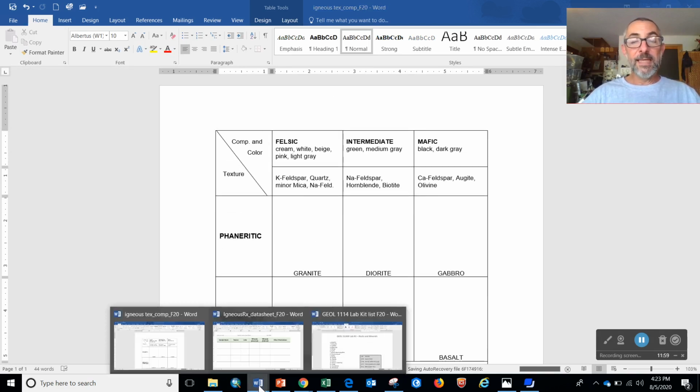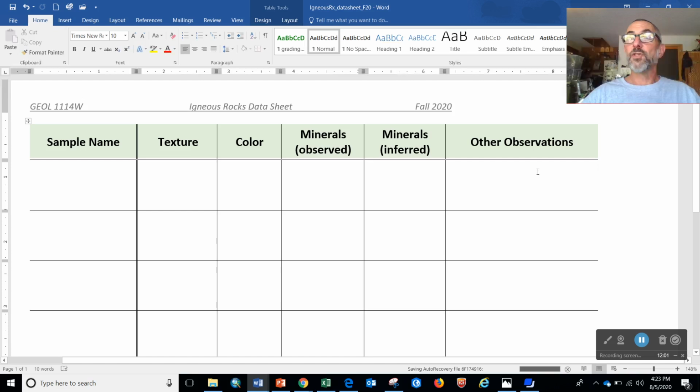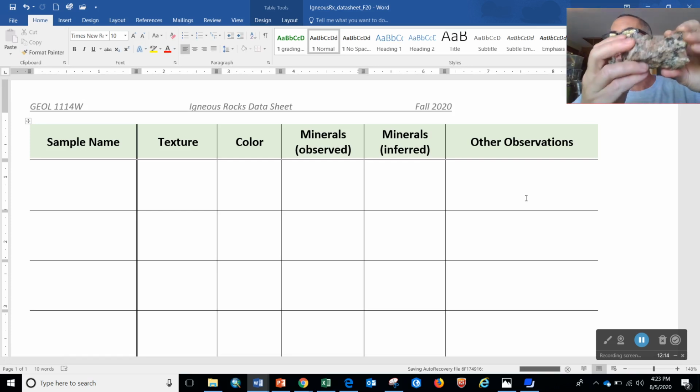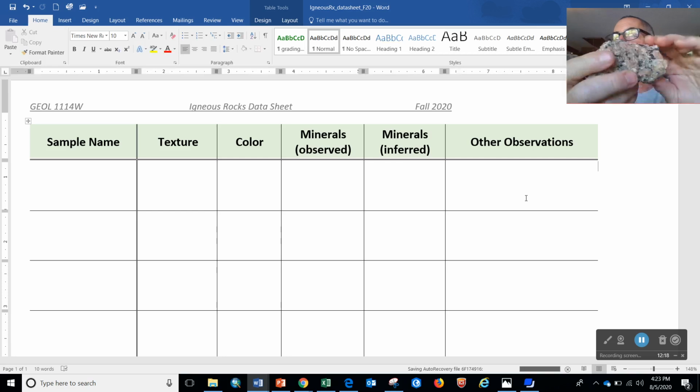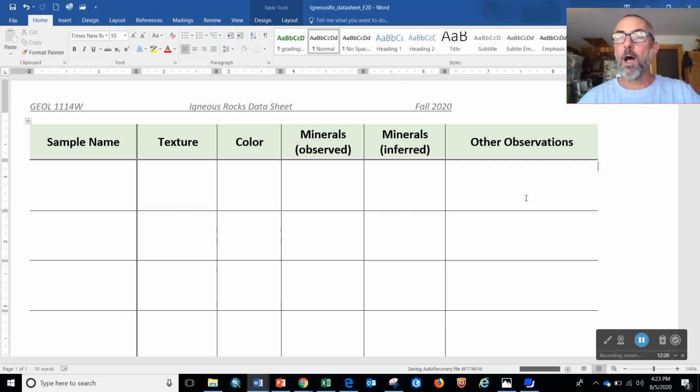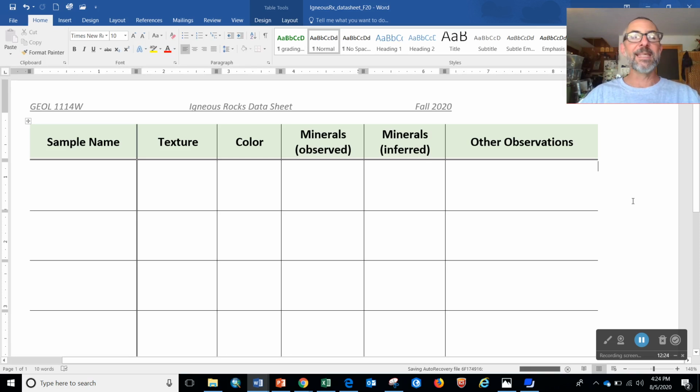And then finally, any other observations that you think will be helpful for you to help remember these rocks once I give them to you in a visual test, which will involve me having a little film of a sample and then telling you any sort of characteristics that may not be quite obvious on that. And then, of course, you will turn that in.